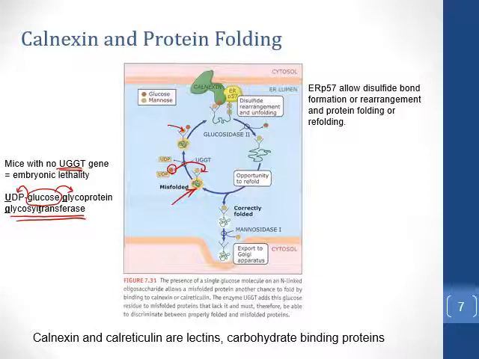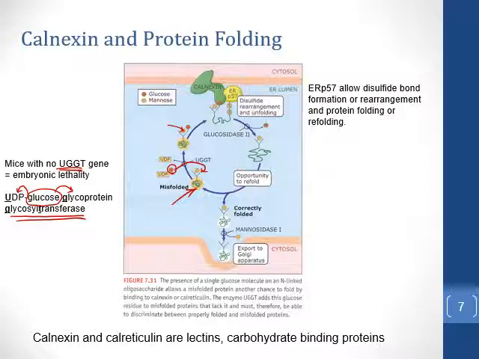So notice that Calnexin is a transmembrane protein with its active site in the ER lumen. It exists as a complex with ERP57. Now ERP57 is going to allow disulfide bond formation or rearrangement, and it's going to help facilitate protein unfolding.